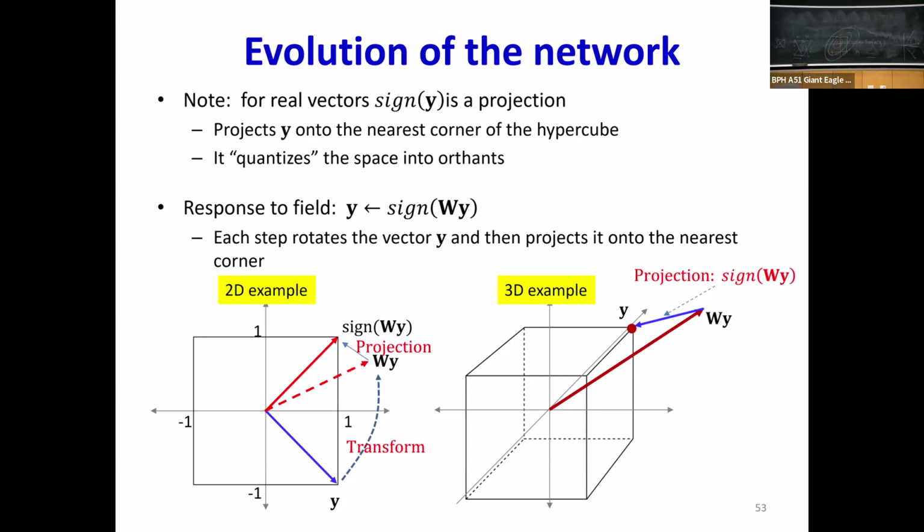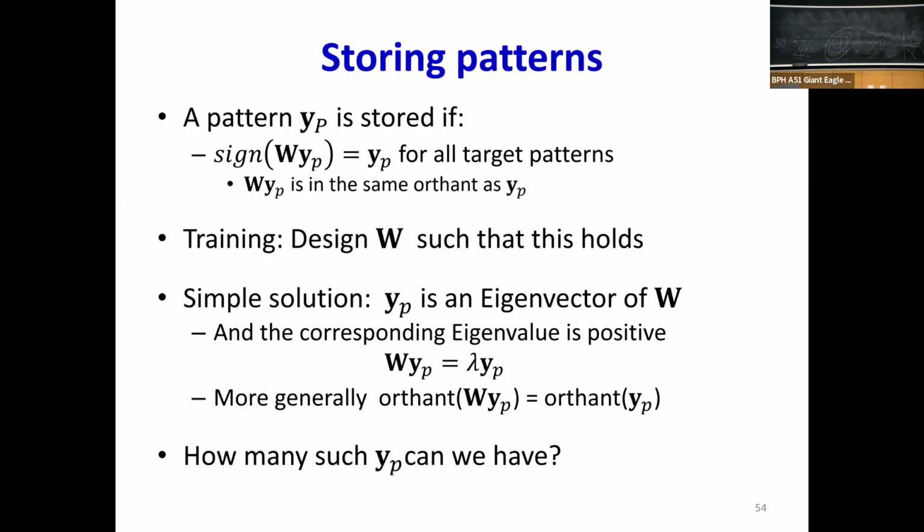And now, a pattern is stored if sine wy equals y, right? So we want to design a w such that this holds for the patterns that you want to store. Now, a simple solution is to just say that w has this characteristic, right? wy equals some lambda y.